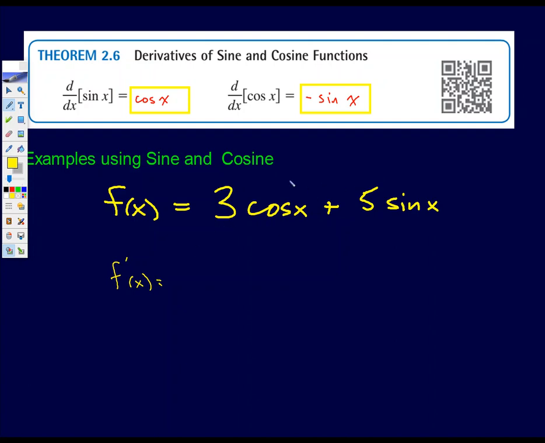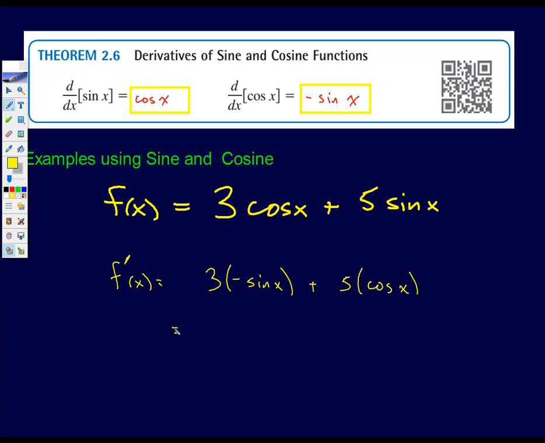And now I'd want to know maybe the slope rule for this function, the derivative of this function. Well, we have a constant multiple rule and we have an addition rule. The constant multiple rule says if I know the derivative of cosine x, then the derivative of 3 cosine x is going to be 3 times the derivative of cosine x. And if I know the derivative of sine x, the derivative of 5 sine x will be 5 times the derivative of sine x.